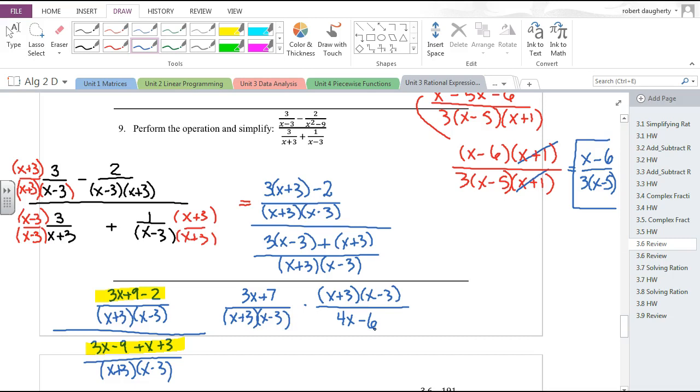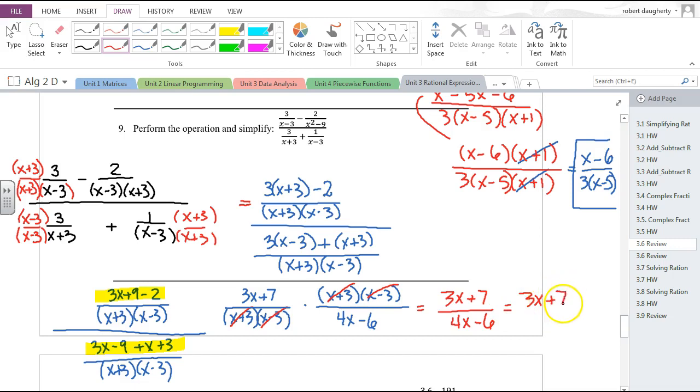So now if I look at it, I get simplification: x plus 3 over x plus 3 is 1, and x minus 3 over x minus 3 is 1. My answer is 3x plus 7 over 4x minus 6. Now I can check and see it's not completely factored in the denominator.